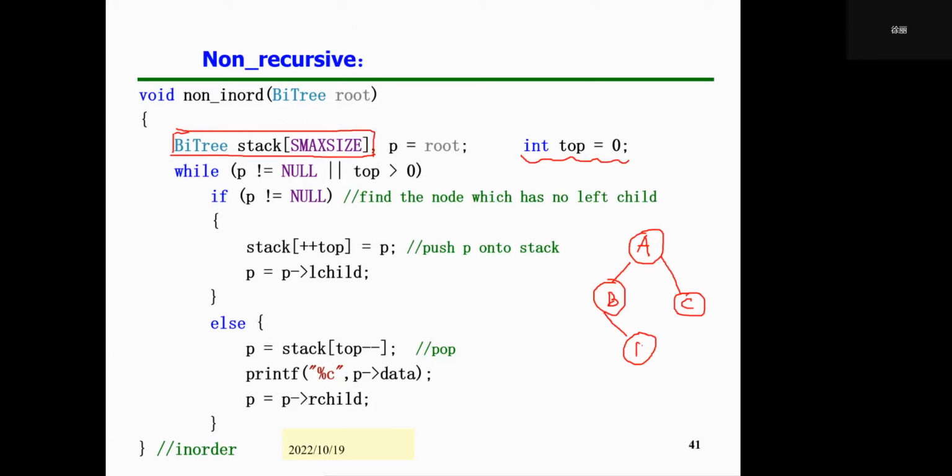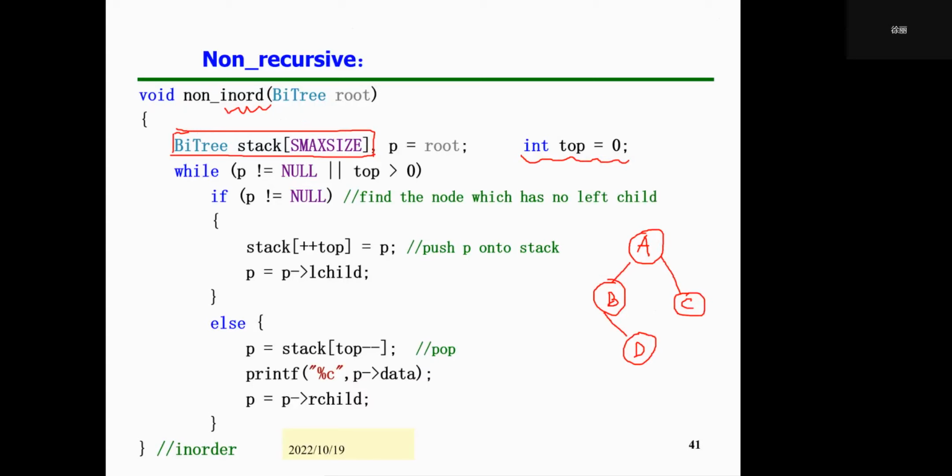If the binary tree is like that, and we want to use a stack to implement in-order, that means the first node you will visit will be the one which has no left child. Why?